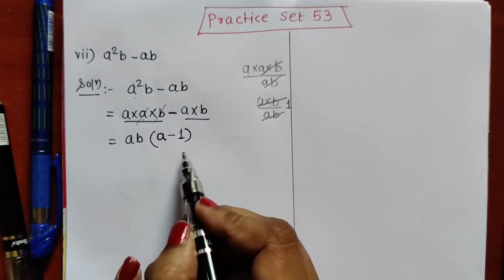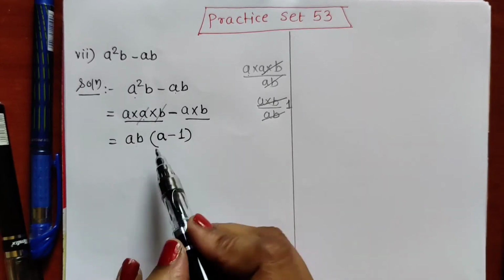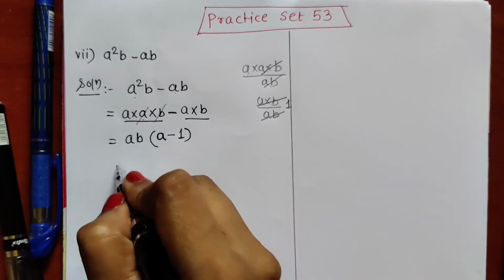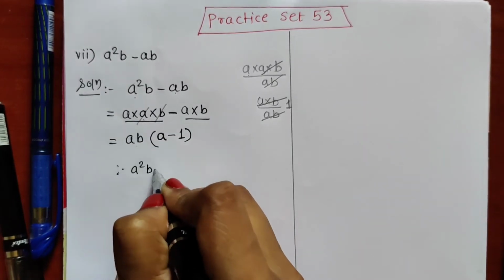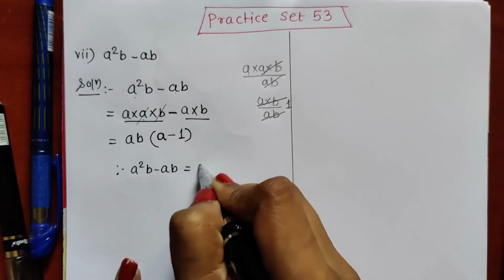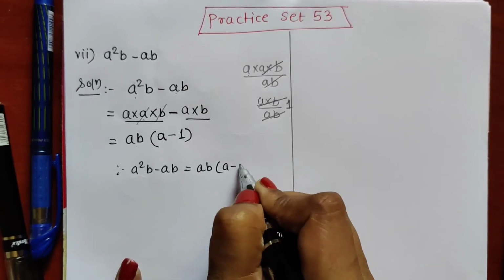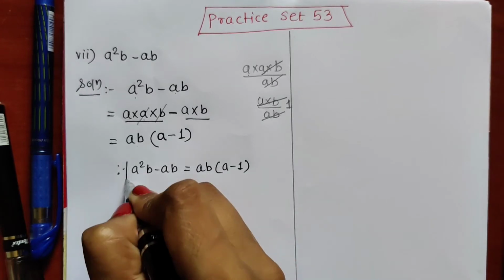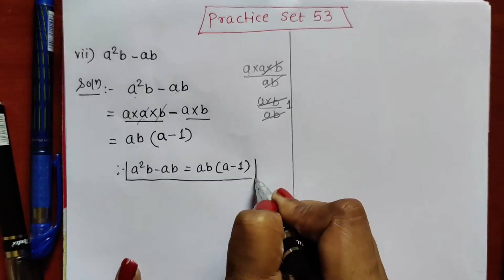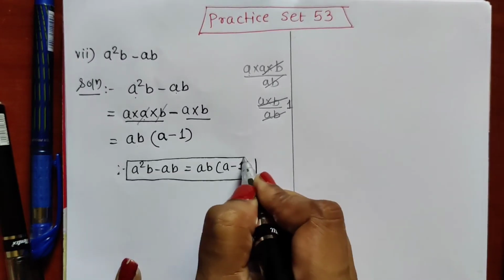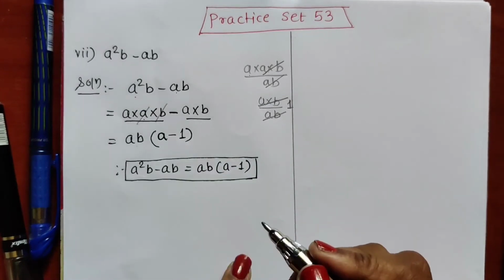So in this way we can factorize this binomial. So factors of a square b minus ab are ab in bracket (a minus 1). So if it is not possible to apply the formula, you can take out the common.